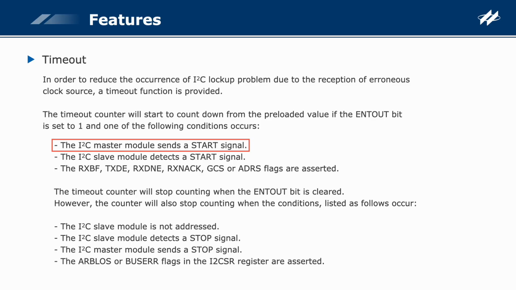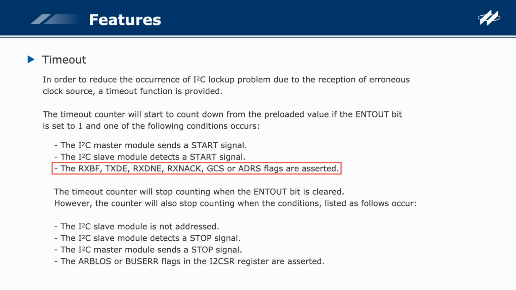First, the master sends a start signal. Second, the slave detects a start signal. Third, the RxBF, TXDE, RxDNE, RxNACK, GCS or ADRS flags are asserted. The RxBF indicates that the Rx buffer is full.